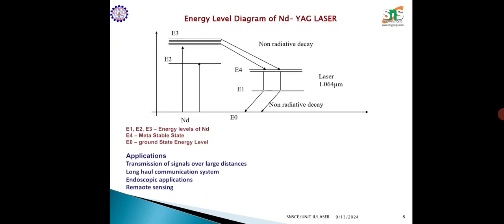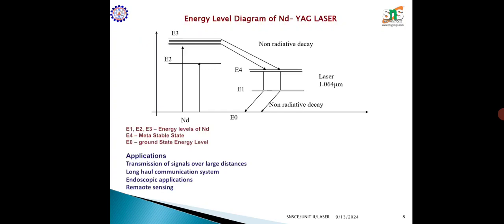The transition from E3 to E4 has no radiation emission, which is called non-radiative decay. From E4 to E1 we have a transition, and during that the laser light is emitted, that is 1.064 micrometer. And again the transition from E1 to E0, we have again non-radiative decay.